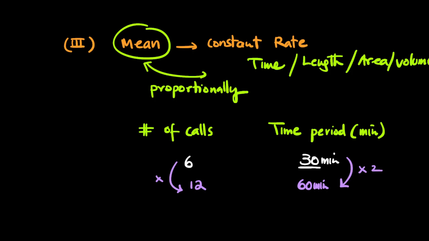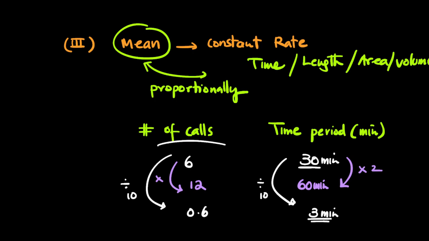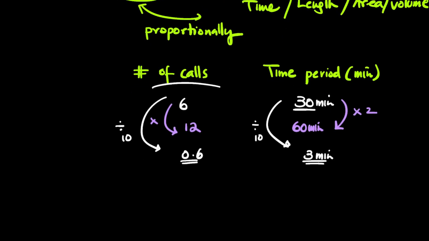Similarly, if I take 30 minutes and if I divide by 10, so 30 will become 3 minutes and 6 divided by 10 will become 0.6. That is the average number of calls in a 3-minute period. Now let's focus on the last condition. The last condition is about independence.